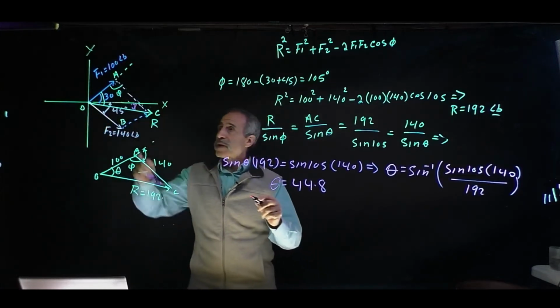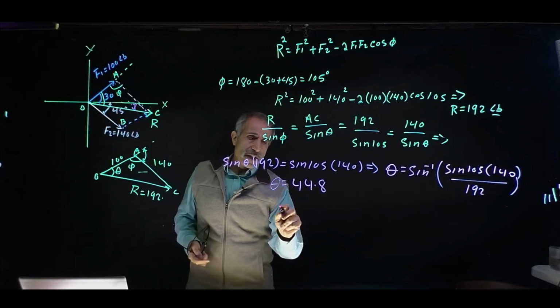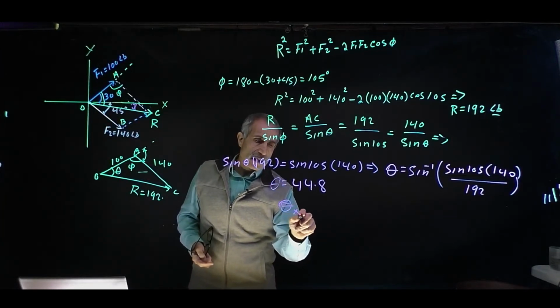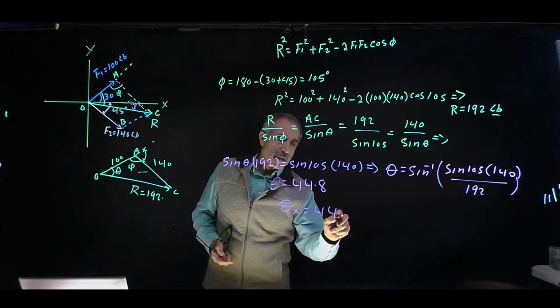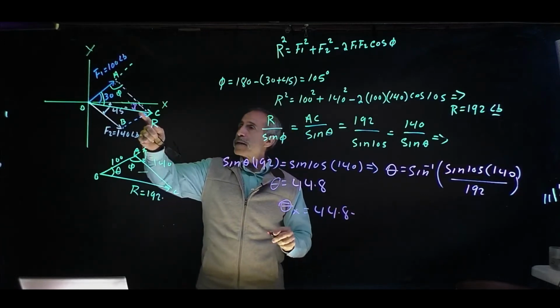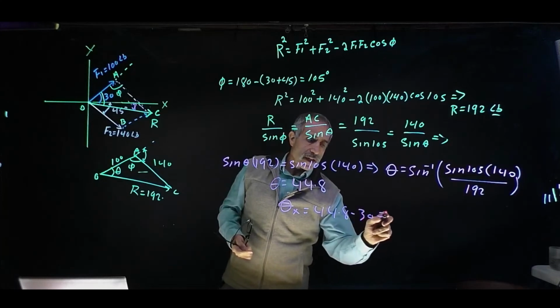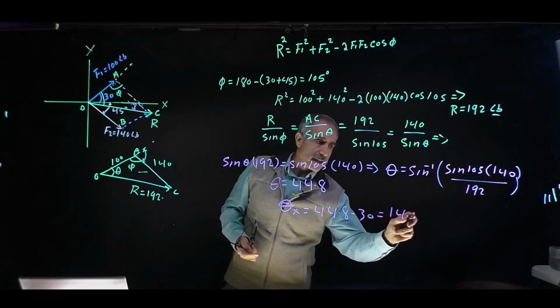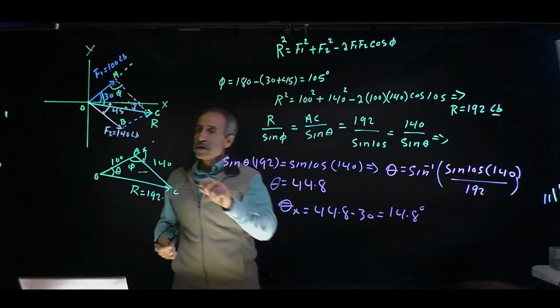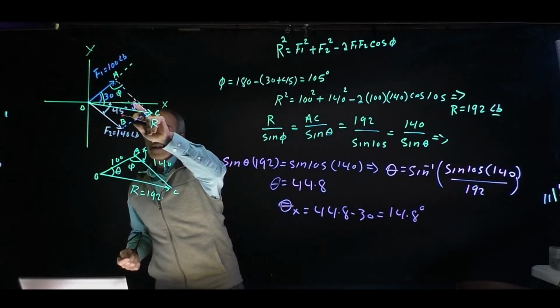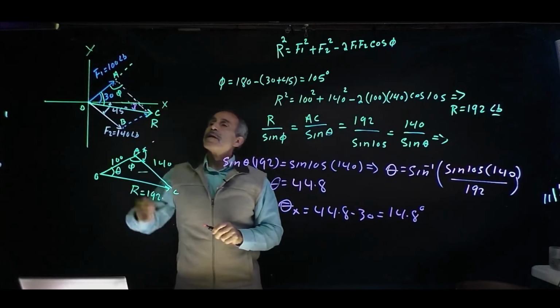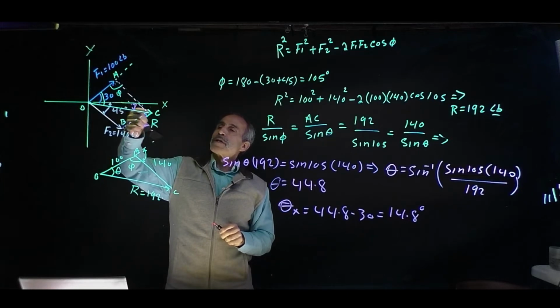So that direction, theta x, we call it, is equal to 44.8 minus the 30 degree, and that comes out to like 14.8 degree. So it's 14.8 degree from the x. If you come down from the x about 14.8 degree, that's what it's going to be.